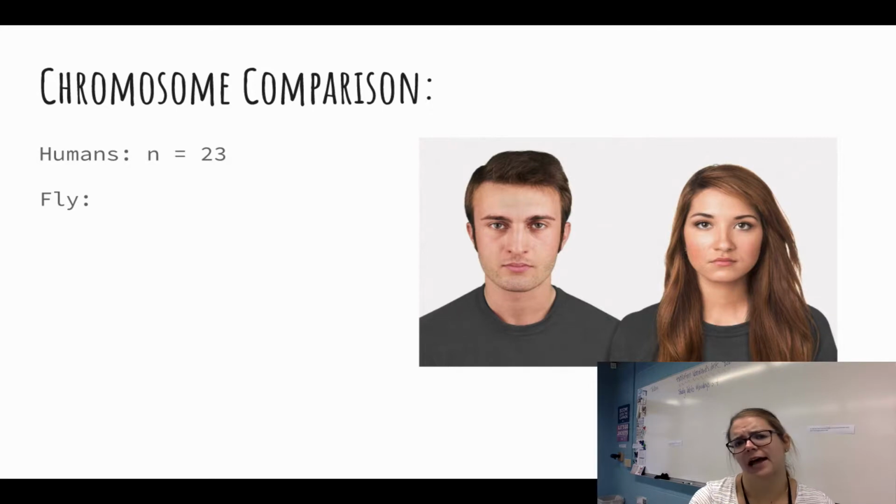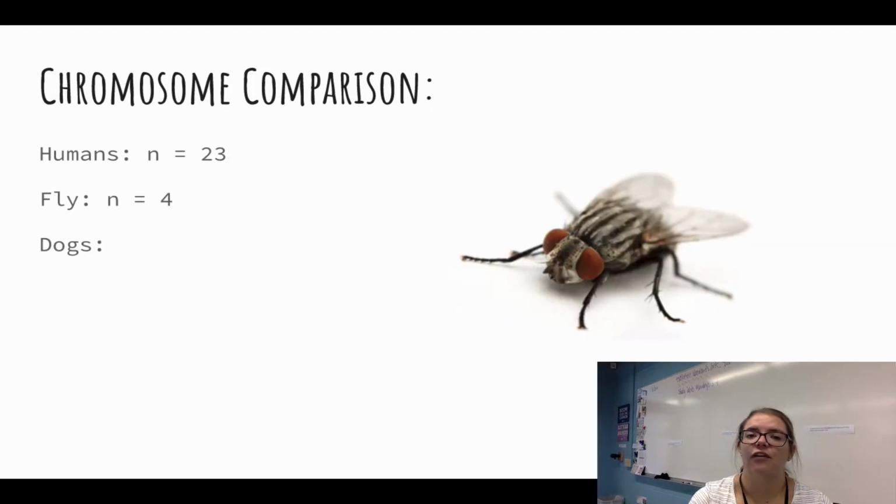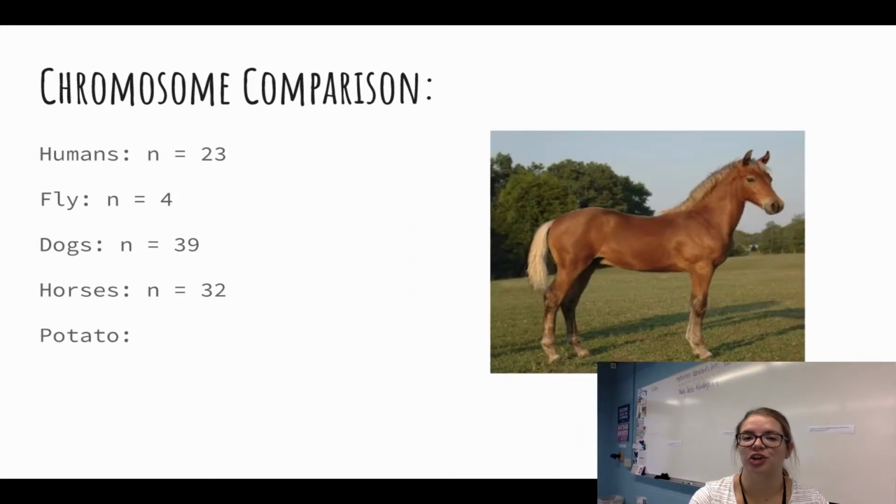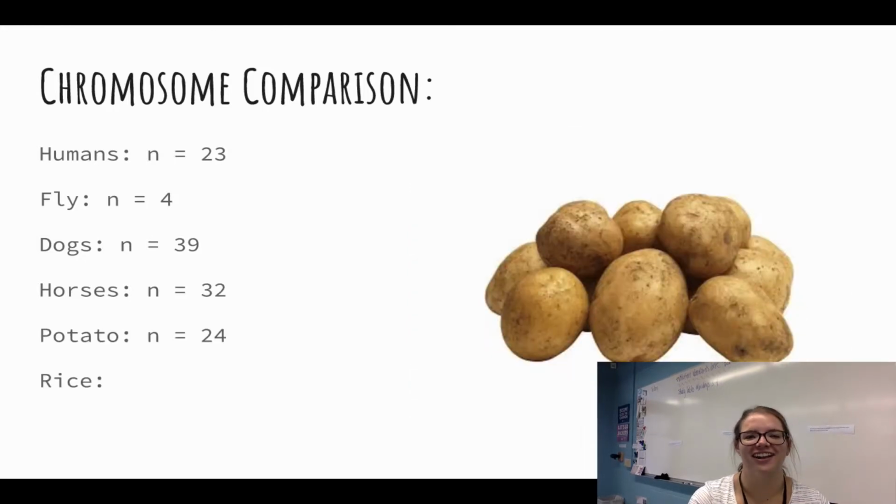Chromosome number, though, does not determine the intelligence or the complexity of an organism. Just to give you a little bit of knowledge on this: humans have 23 chromosomes. Flies have 4. Dogs have 39. Horses have 32. A potato has 24.